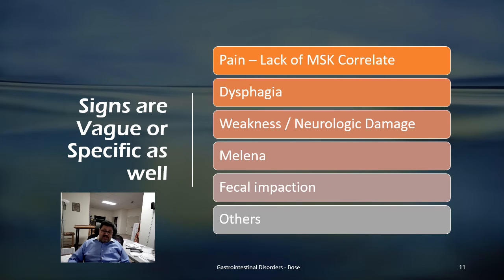For example, melena is the presence of blood in the stool. Now, the presence of blood generally indicates there is bleeding in the gastrointestinal system. It just does not tell us where exactly the bleeding is. However, one thing is fairly certain. The phenomenon of melena makes the stool black.